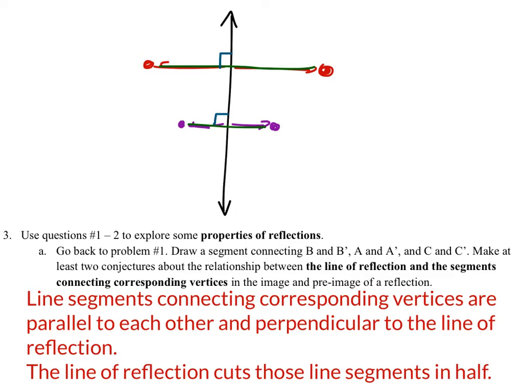And that also means that the line of reflection in black is also halfway between the pre-image point and the image point. So what that means also, and we're going to be talking about these a little bit later, you'll hear this a lot in 9th grade, the line of reflection is the perpendicular bisector of the line segments connecting corresponding vertices.